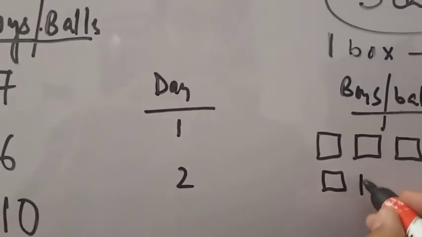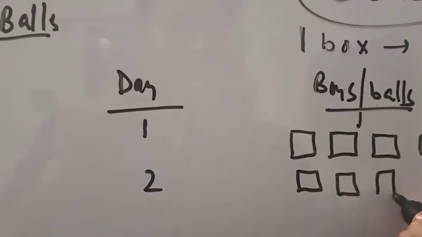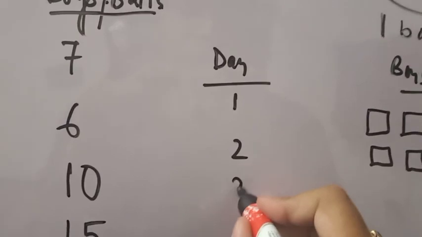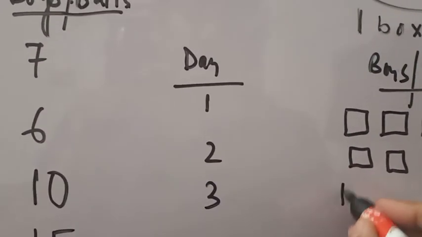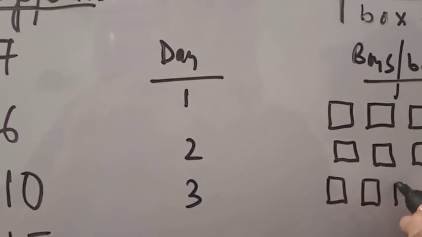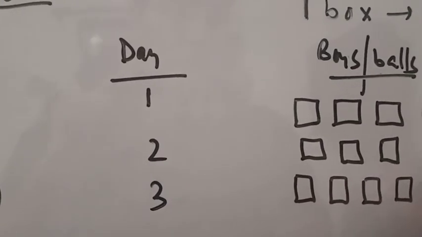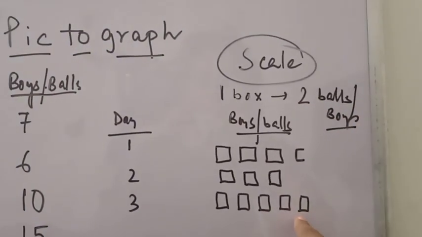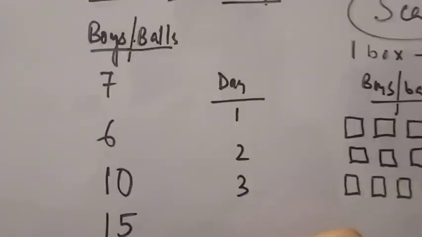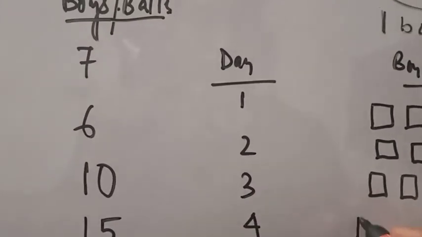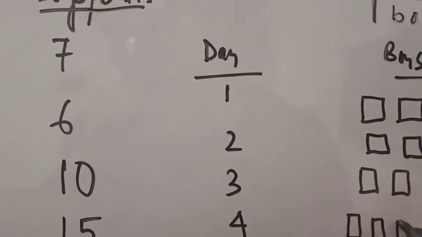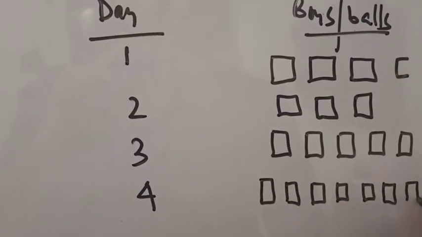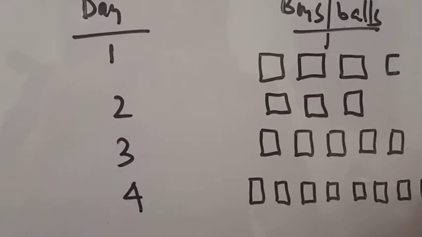Now in day 2, see that 6. So 1, 2, 3. Now see that day 3, 10. That means you have to draw 5. 1, 2, 3, 4, 5. So 5 boxes represent 10 balls. Why 5? Because 5 into 2. Next, day 4: 1, 2, 3, 4, 5, 6, 7 and a half.